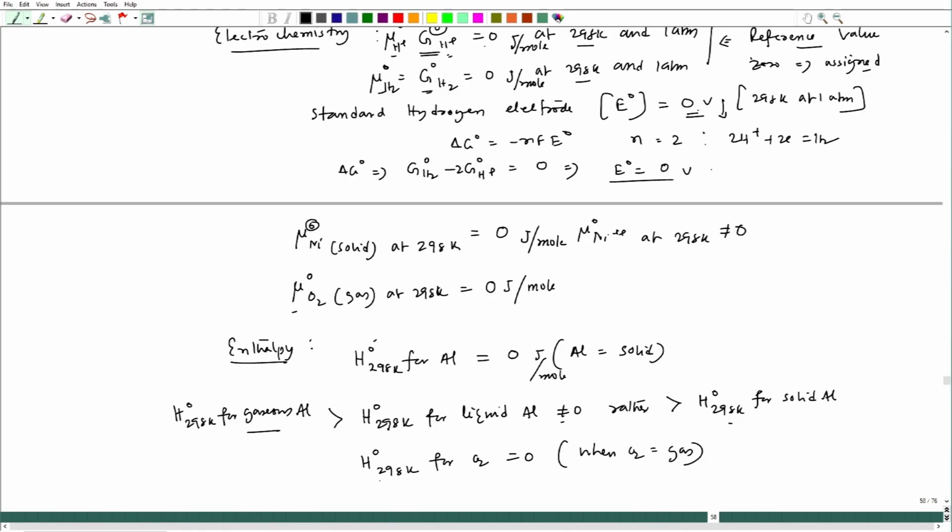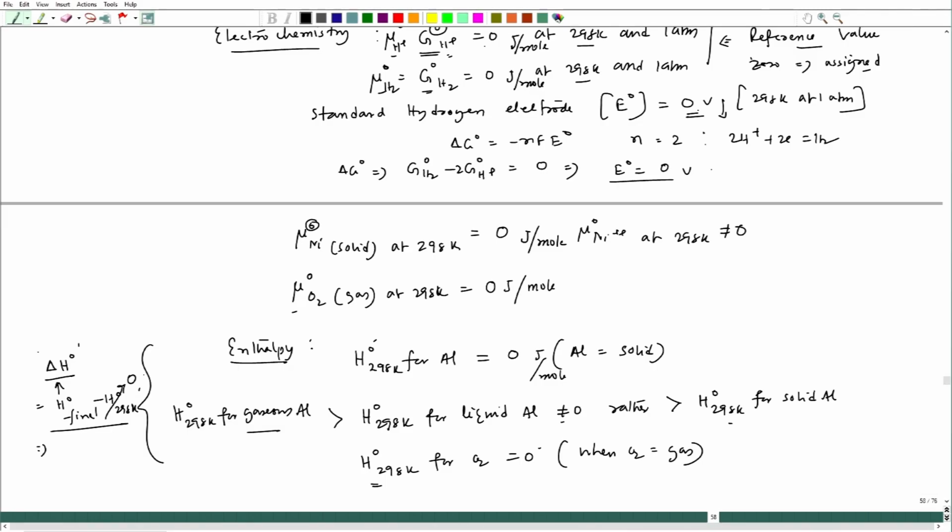Now, these are all absolute values. We do not know the actual value, but we are just assigning, and it does not cause any problem in our final calculations, because the final calculation always looks at the difference in enthalpy rather than absolute enthalpy. So it is absolutely fine, and if it is considered as 0, I do not have any problem calculating delta H naught at 1 atmosphere.